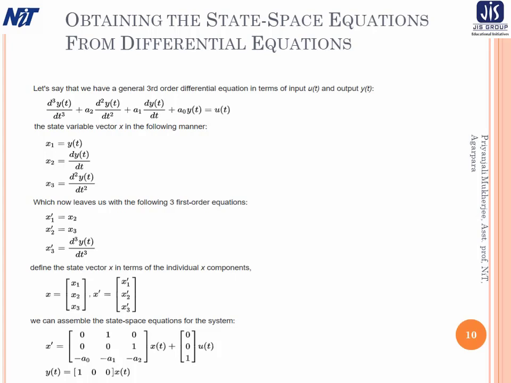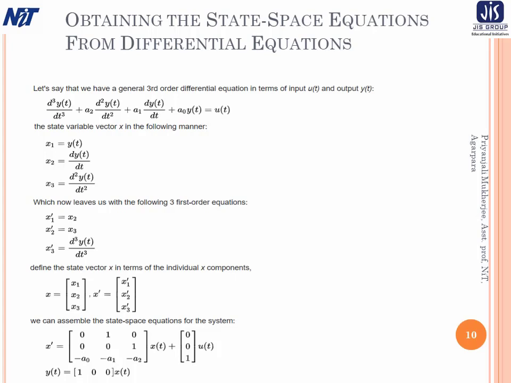So we can select the state variables in this format: x1 equal to y(t), where y is the output. If x1 is equal to y(t), we can say that x2, which is x1 dot, means x1 can be derived by the integration of x2. So x2 equal to dy/dt, and x3 becomes d square y by dt square.